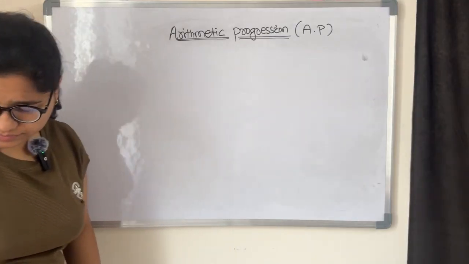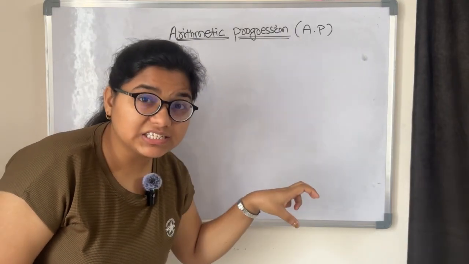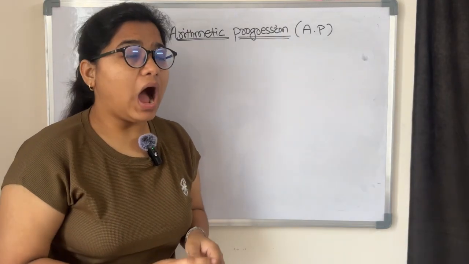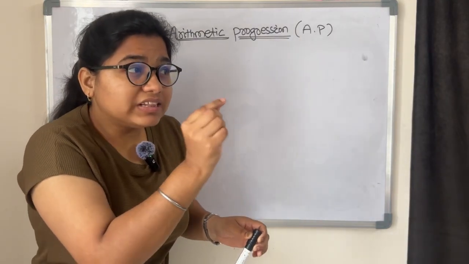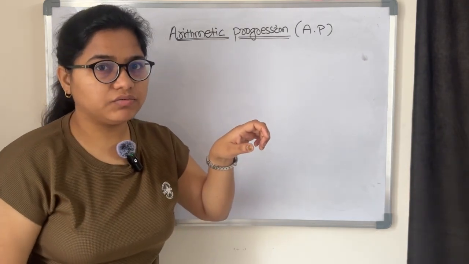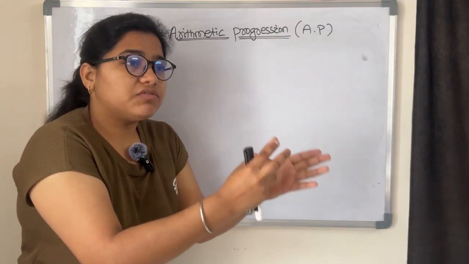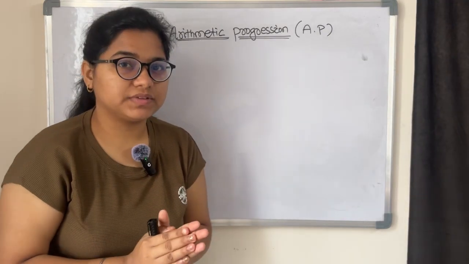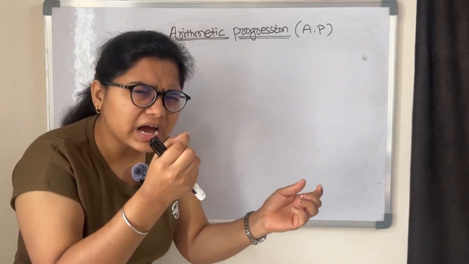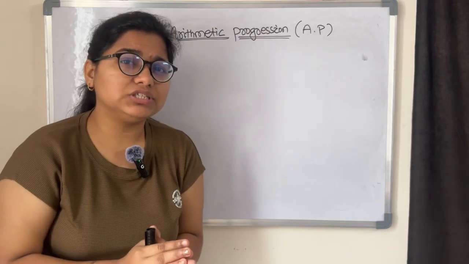Very good. Let me write the definition, and after the definition I will tell you how to check whether a sequence is following a pattern or not. Suppose we want to check whether a sequence is in AP or not. How do we check?